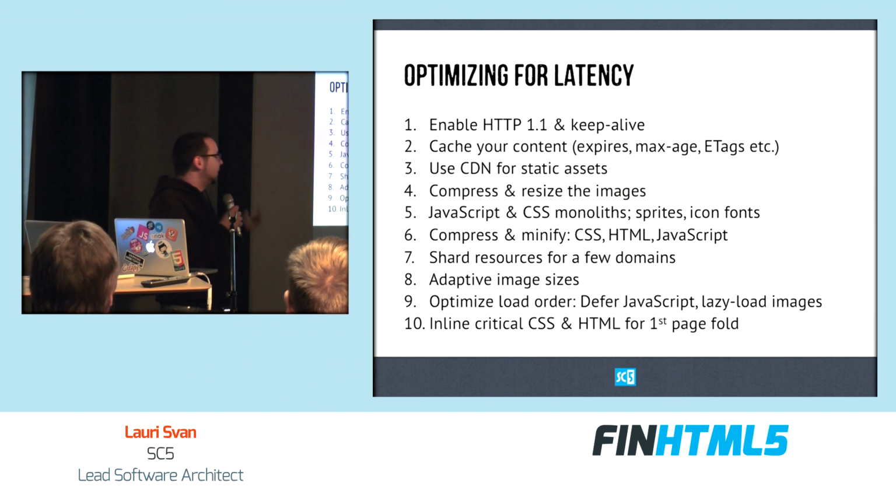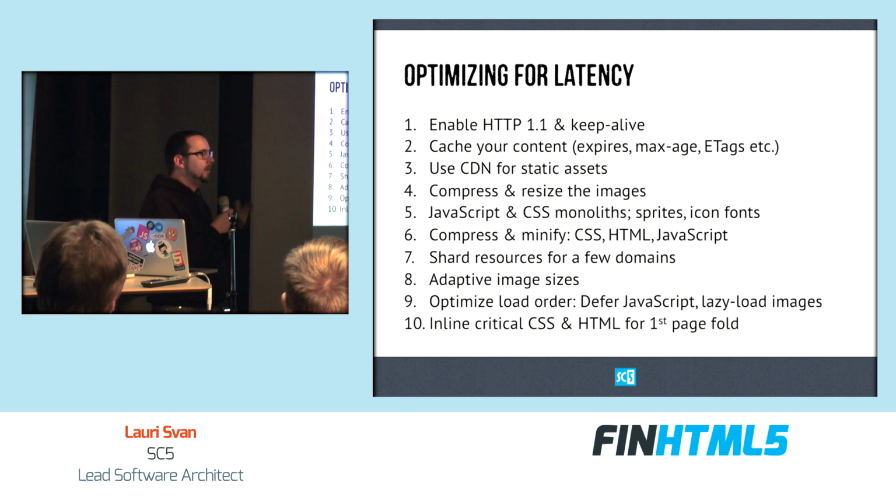Anyway, getting to points 4 and 5: the easy gain is that you should compress and resize the images. You saw that probably half of the fat of your web page is in the images, so that's the first place to optimize, because you can easily gain almost 100% of that.